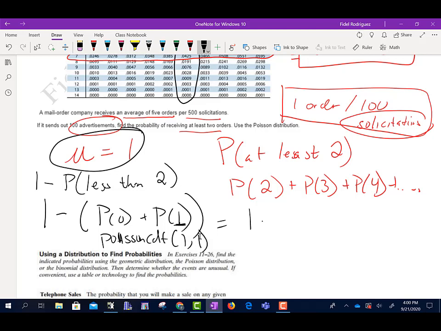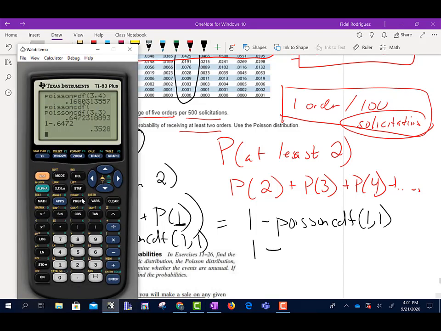Okay, so I'm going to go 1 minus Poisson Cdf of 1 comma 1. Let me grab my calculator. I'm going to go second, vars to get my distribution, scroll down, Poisson Cdf, enter 1 comma 1, close it off, and that's coming up with 0.7358.